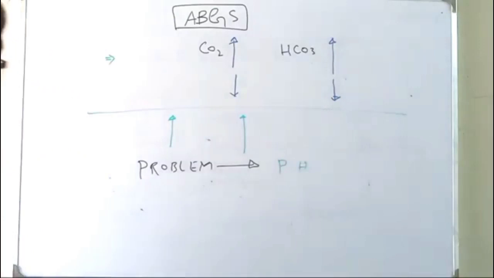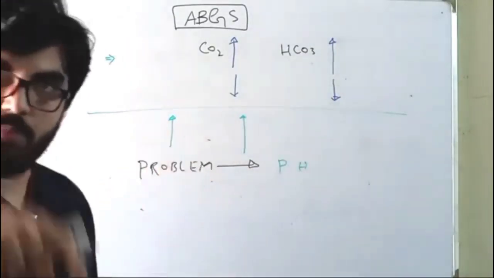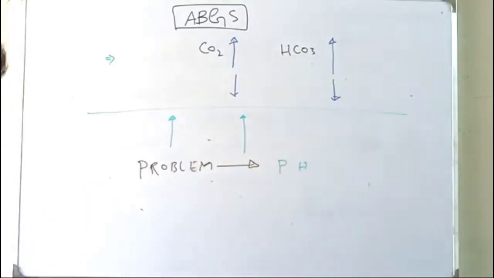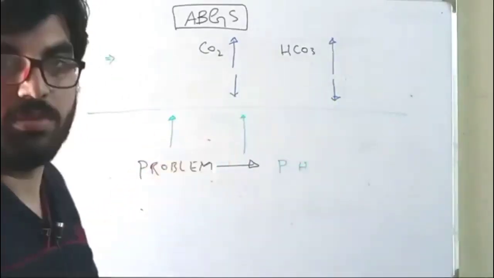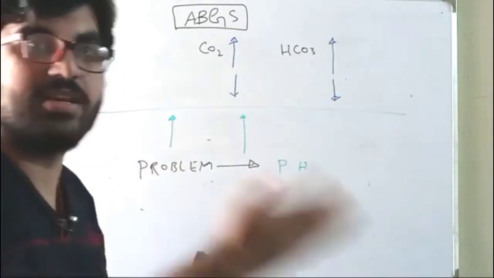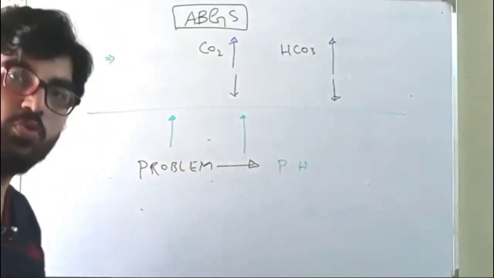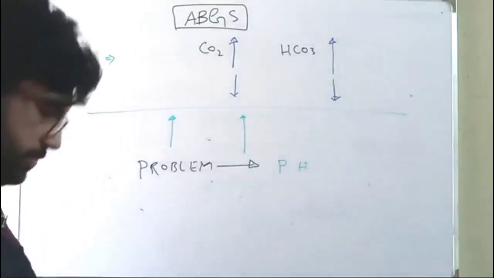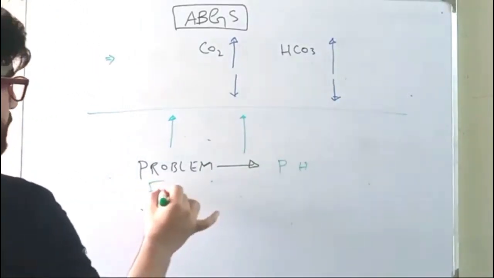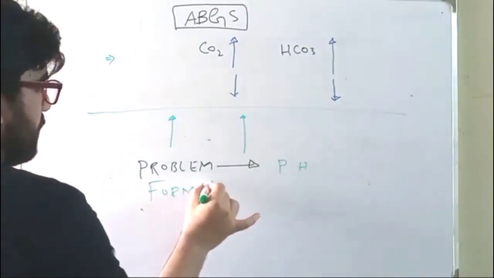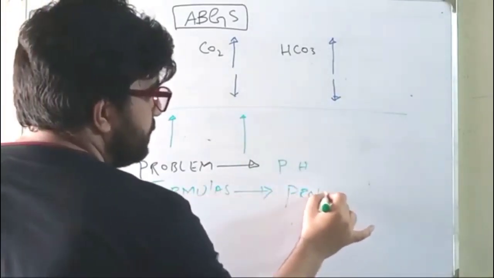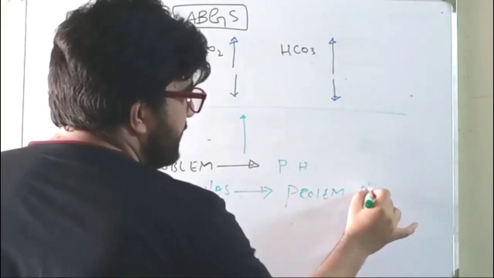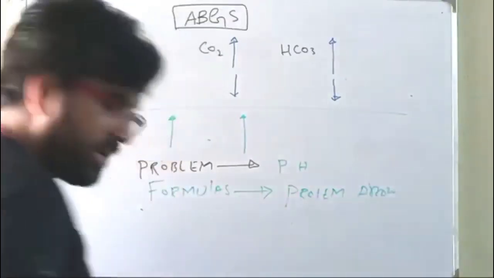For the confirmation of which arrow is the problem, we have to look at the pH. And after we have diagnosed which arrow is the problem, how will we find out whether the other arrow is a problem too or compensation? Formulas. Formulas on what? On the problem arrow.